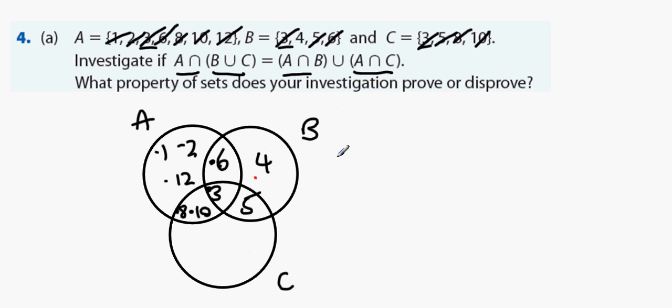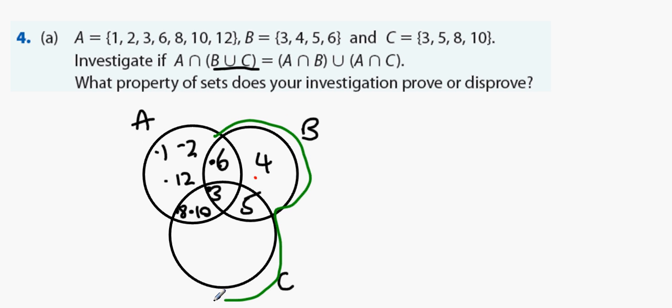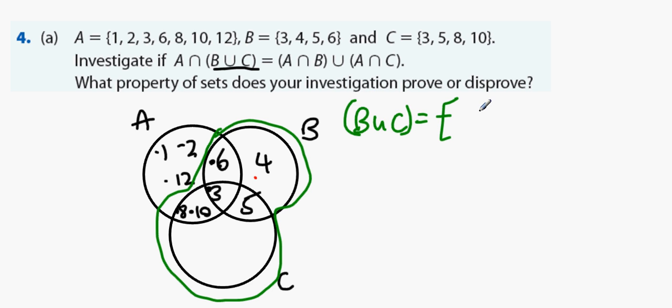Now that we have this done, what we've got to figure out is what B union C is. B union C is obviously the green part here. B union C is going to be 3, 4, 5, 6, 8, and 10.